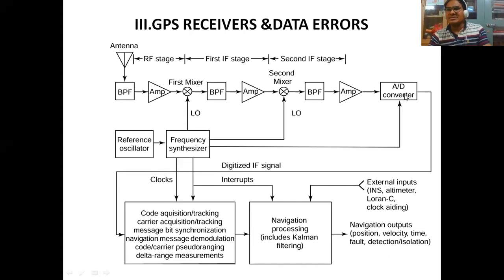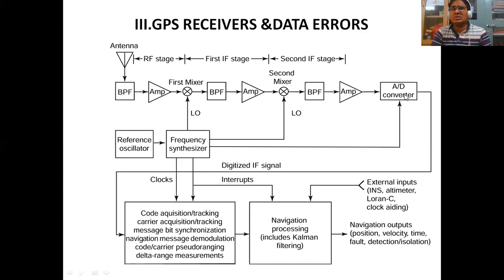But before that, the RF signal that is received is at a higher frequency, 1575 megahertz if it is an L1 signal, and 1227 megahertz if the L2 carrier is used. Now, that much frequency cannot be given as the input directly to the A to D converter.